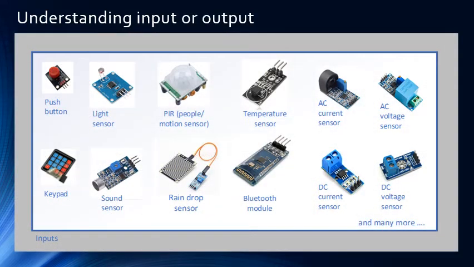And these are some examples of input devices. These become the eyes, ears, skin, or nose of the microcontroller. If you want the microcontroller to be able to see the light, then you need to put in a light sensor.